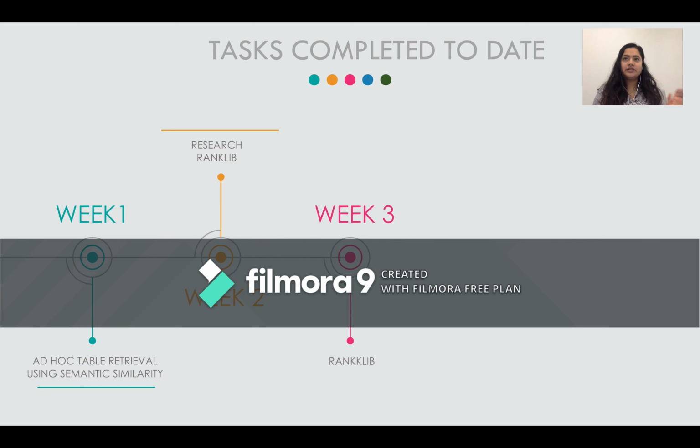So we downloaded the data and went through every single algorithm, which included MART, RankNet, RankBoost, AdaRank, LambdaMART, ListNet, and Random Forest. We ran all of these algorithms and compared the output that we had gotten for every algorithm.